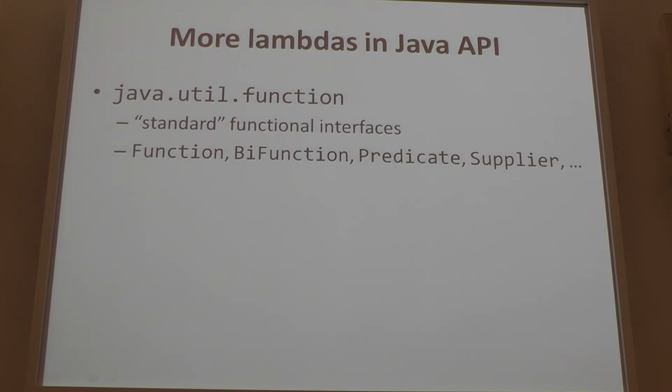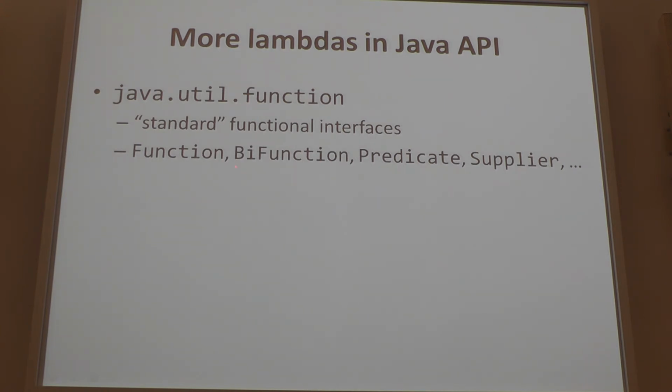It has type parameters, and it's basically the same thing as Function1 in Scala. So it takes one input parameter and returns one value that can be of a different type.